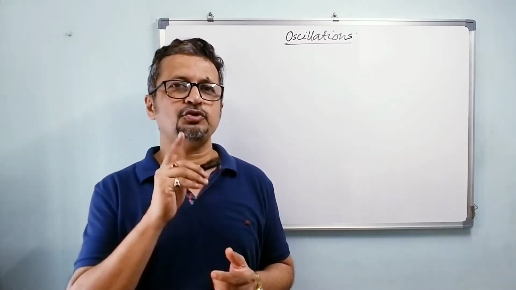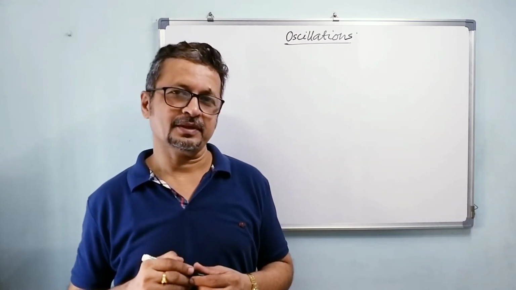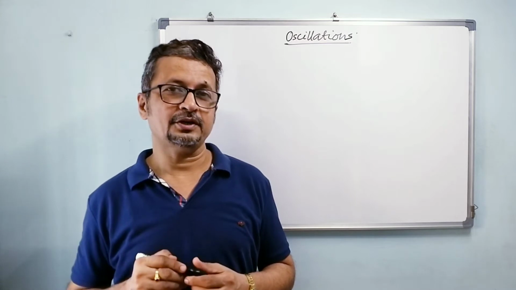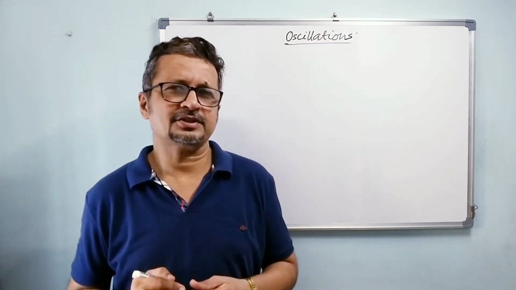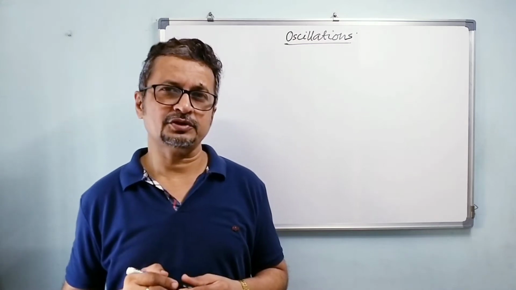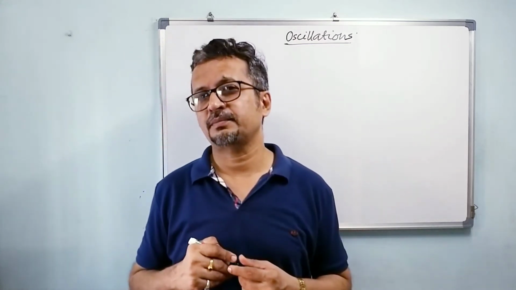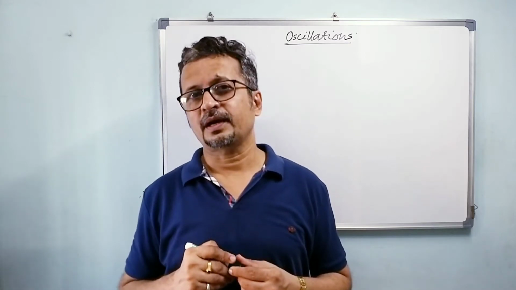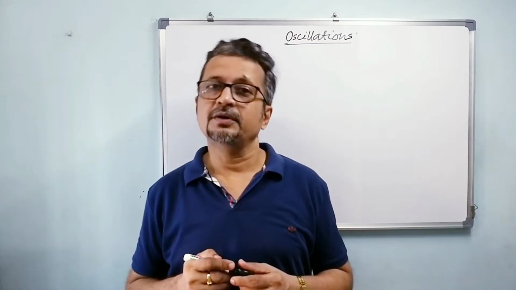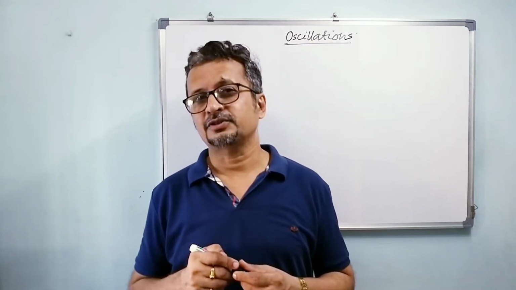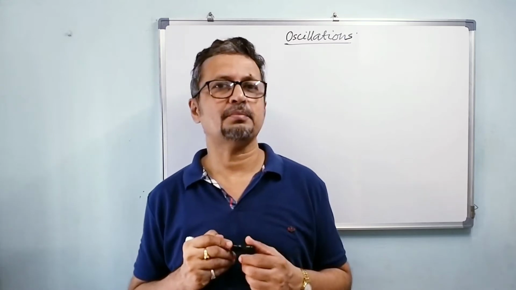But then you must have noticed one thing, that displacement over there was a sine function, and a sine function is a harmonic function. That means it has some maximum value and then some minimum value, and it's positive as well as negative, isn't it? We know that sine theta has the maximum value as +1 and minimum value as -1.